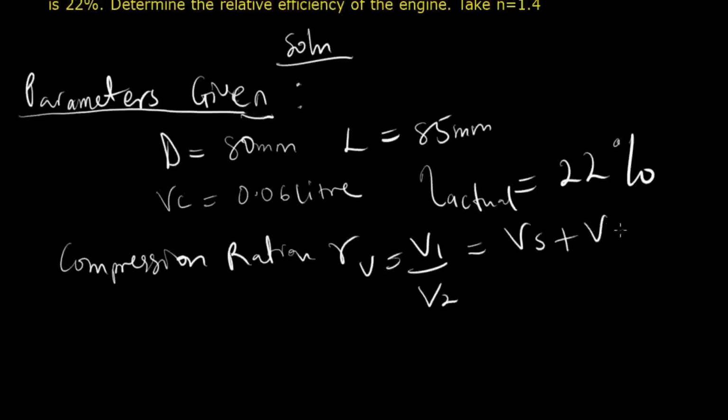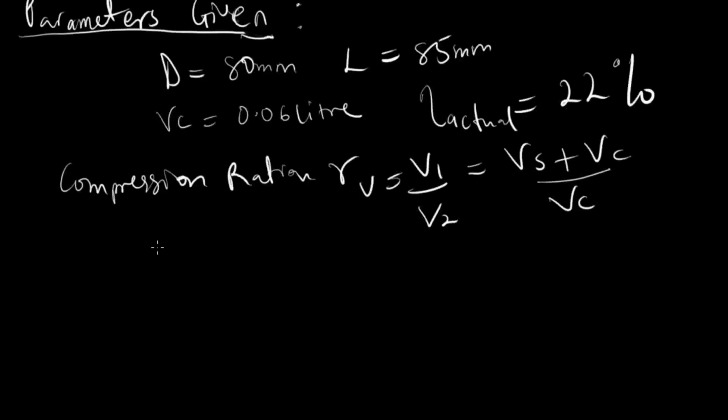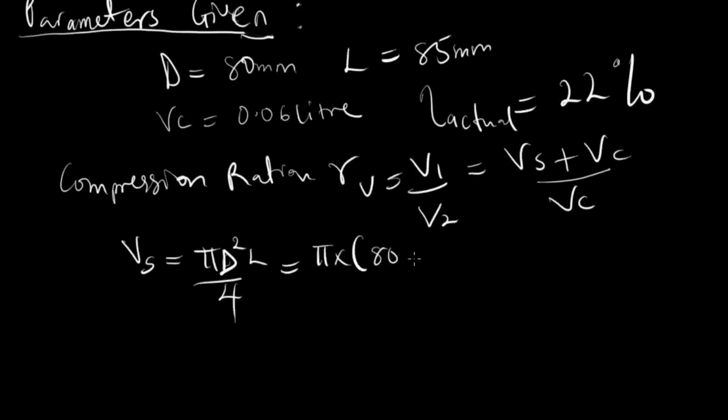Vs plus Vc over Vc, where Vs is the swept volume, which is given by pi d squared L over 4. Now calculating pi, what is the value of D? 80 times 10 raised to power minus 3 squared.